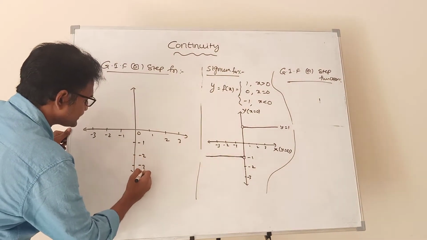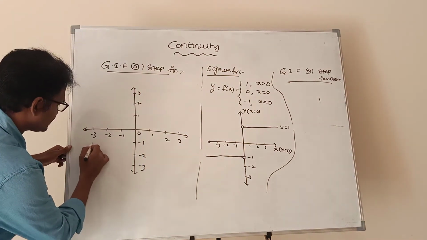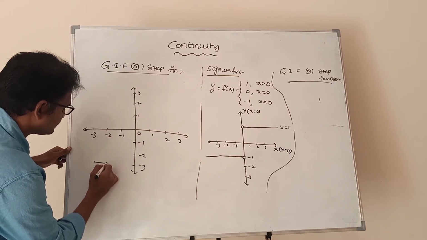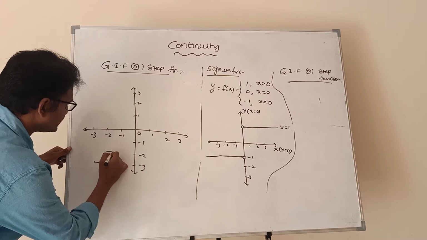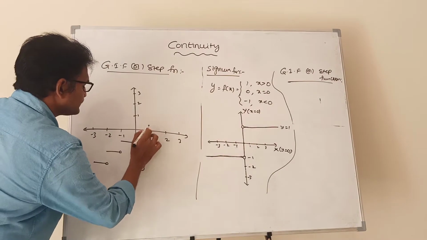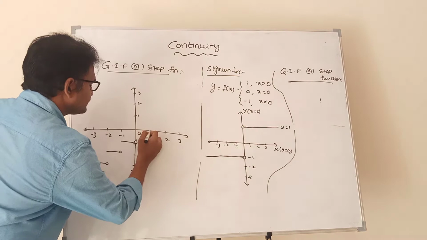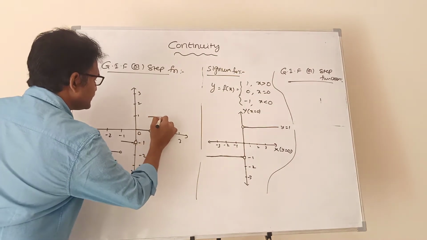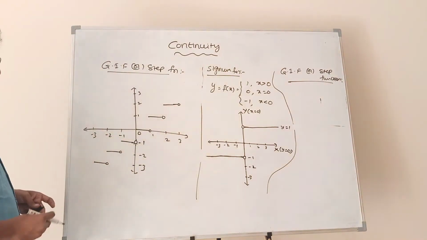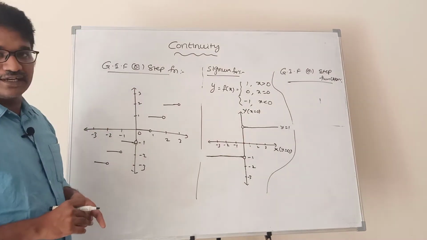So between -3 and -2, -2 and -1, -1 and 0, next 1, next 2. See, the graph is in the form of steps. That's why this is called a step function.